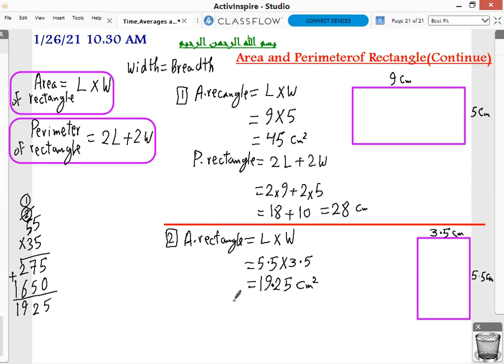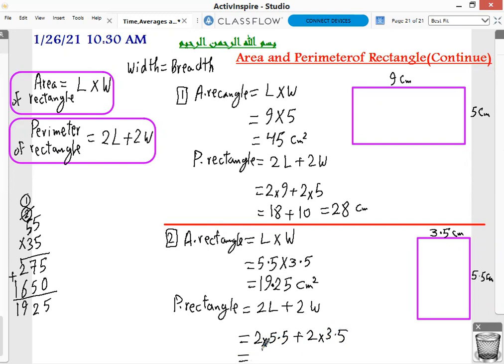Take care, please. What about perimeter? Perimeter is so easy. Perimeter of rectangle. Then let's see how. 2L plus 2W equals 2 times what? 5.5 plus 2 multiply what? 3.5.